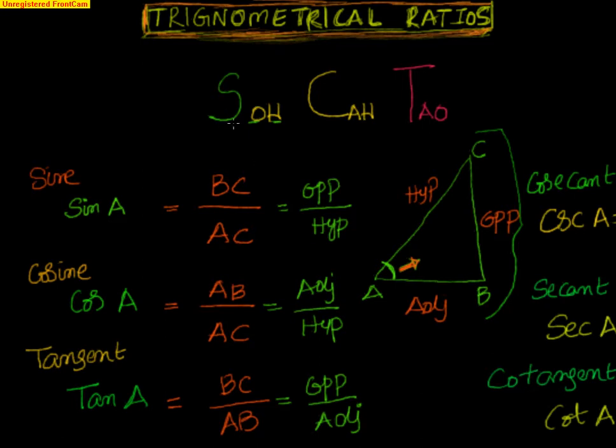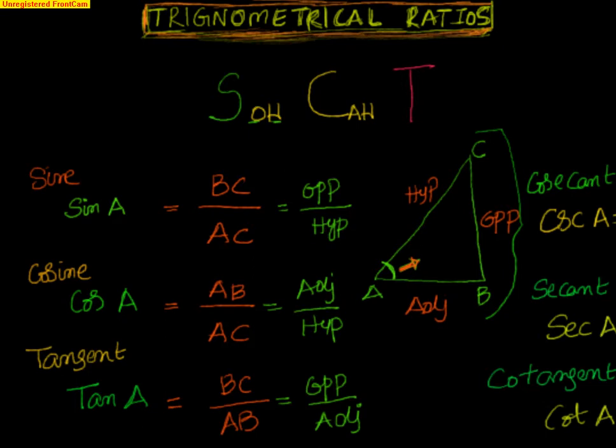Now you can see here sine is opposite by hypotenuse, cos is adjacent by hypotenuse, tangent is, oh see, I made a mistake there. That's what happens. Tangent is always opposite by adjacent.